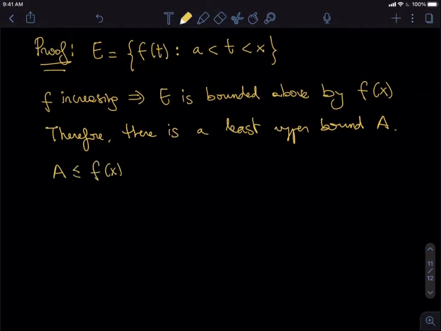Okay, it cannot be larger because of the way we have constructed E.